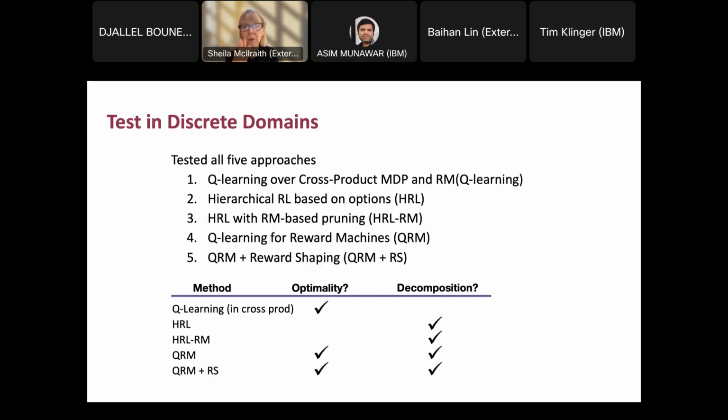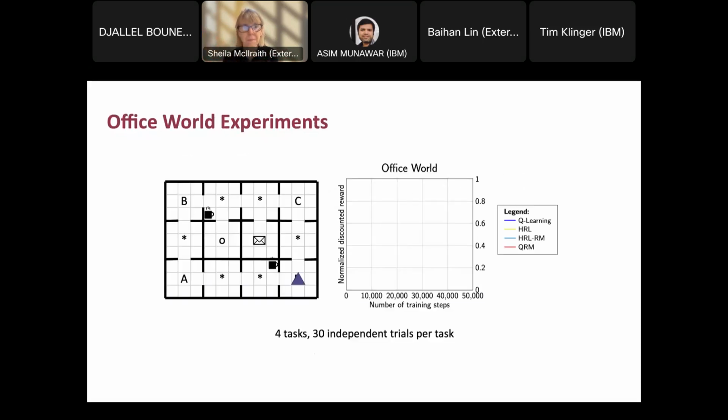Note that, apropos the theorem I just showed you, they are all guaranteed to be optimal in these tabular domains, and everything except the original Q learning uses some form of decomposition. So let's see how it works. We have on the left our office world environment, and we did 4 tasks, 30 independent trials per task in this environment. And on the right, I'm going to show you the results.